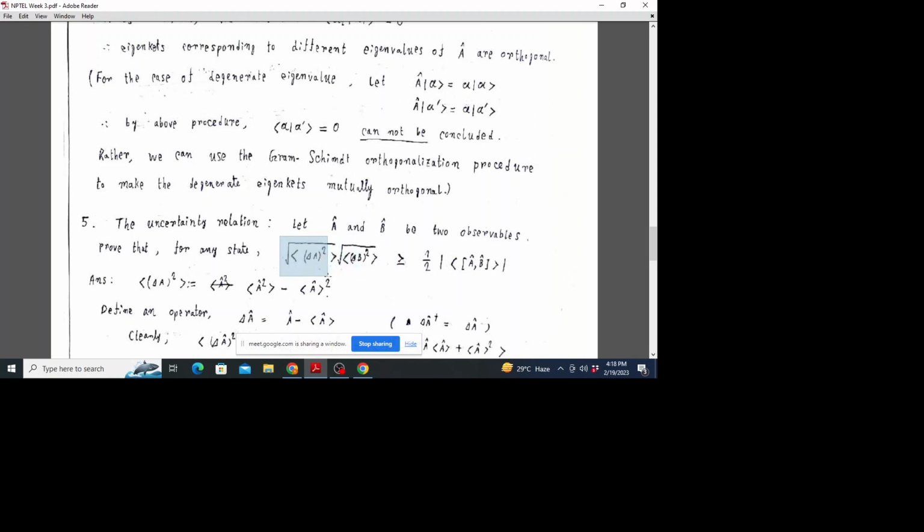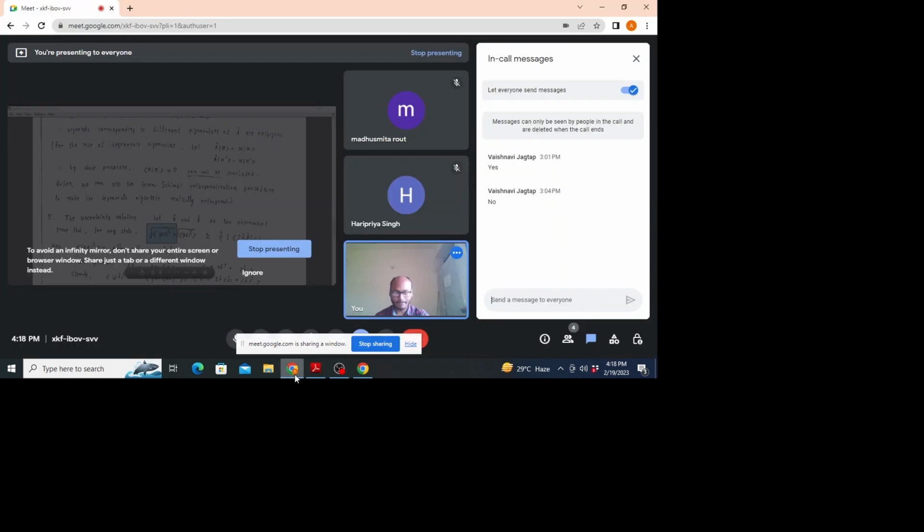You remember we used to do this delta x, delta p for the infinite well potential or simple harmonic oscillator. This is the standard deviation. This is the error in measurement of the position.